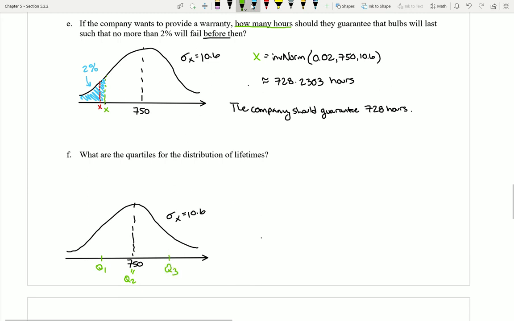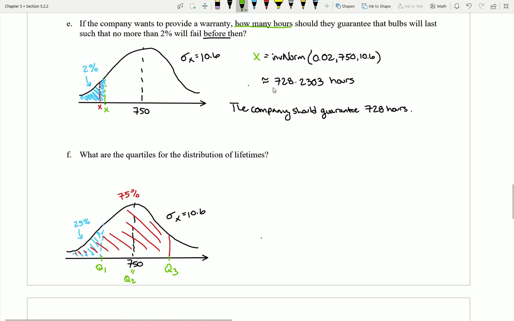And I know something very specific about them. If I was to shade to the left of quartile number 1, I should get 25%, because it splits things up into quarters. If I shade to the left of quartile number 3, I should get 75%. So finding all of these values actually becomes extremely simple.